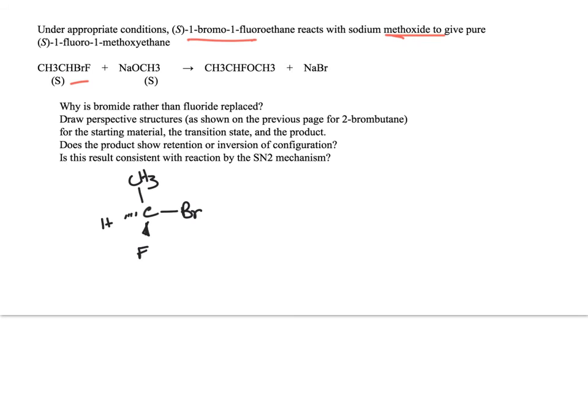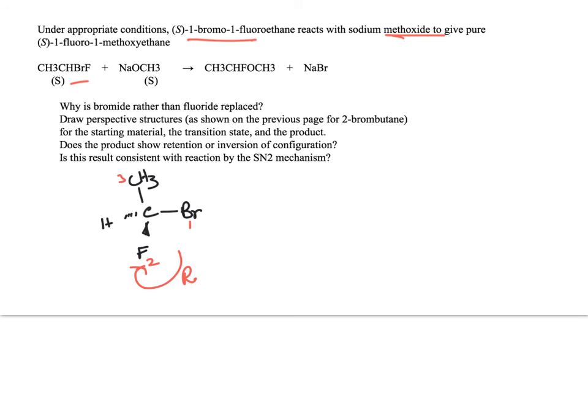Okay, so let's see. Did we draw this as S? 1, 2, 3. 1, 2, 3. That would be clockwise, so R. And so I need to draw this again.